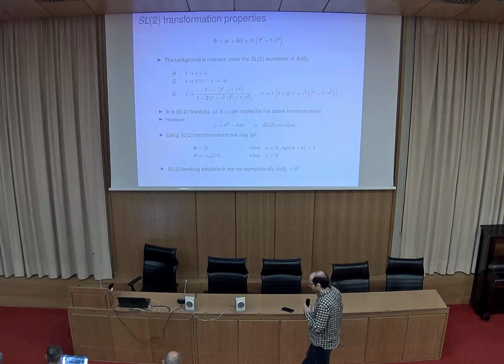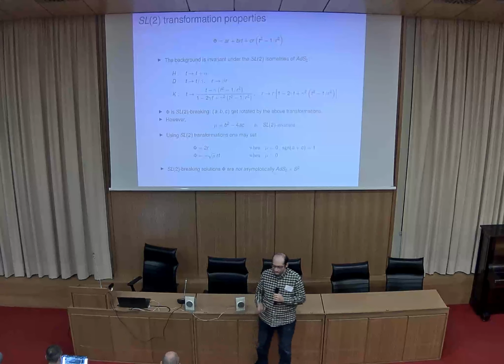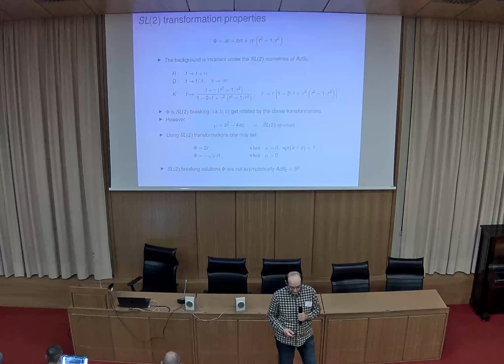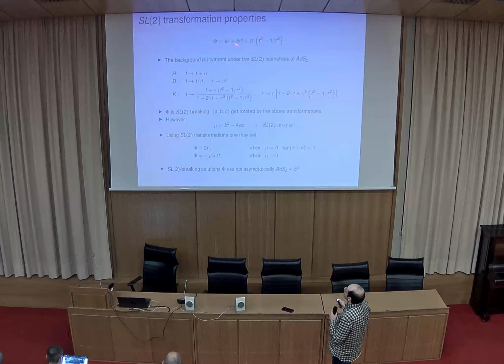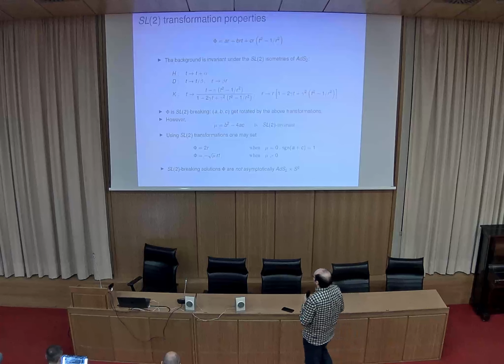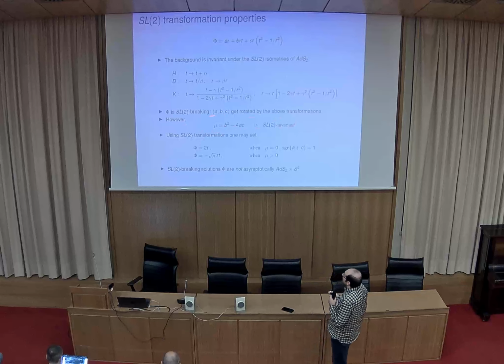Well, first of all, they're breaking the SL2 isometries of your background. None of these solutions respects the SL2 isometries. So these SL2 transformations will rotate this ABC solution to another one. However, it will not rotate it completely arbitrarily. There is an invariant quantity, this SL2 invariant Casimir, a quadratic of ABCs, which has to stay invariant.